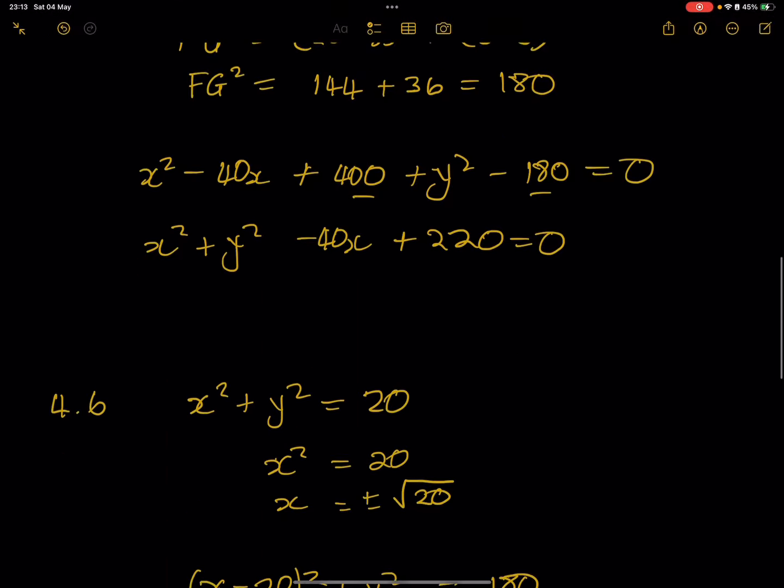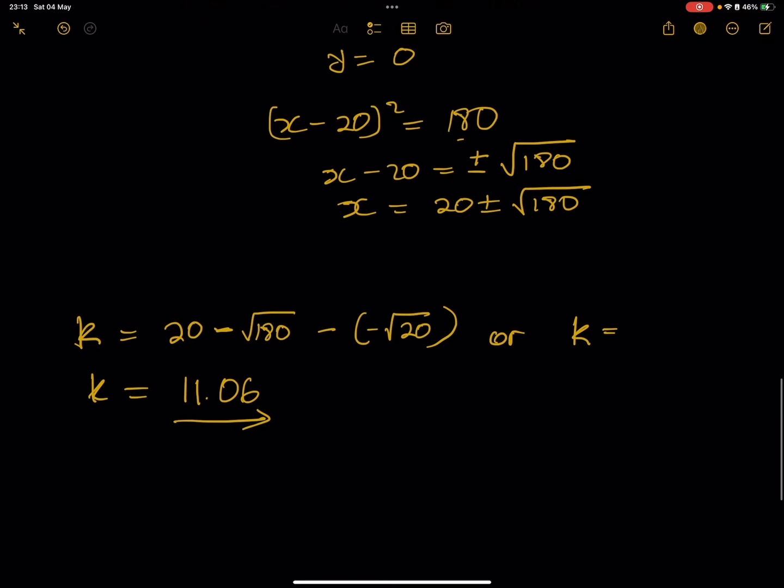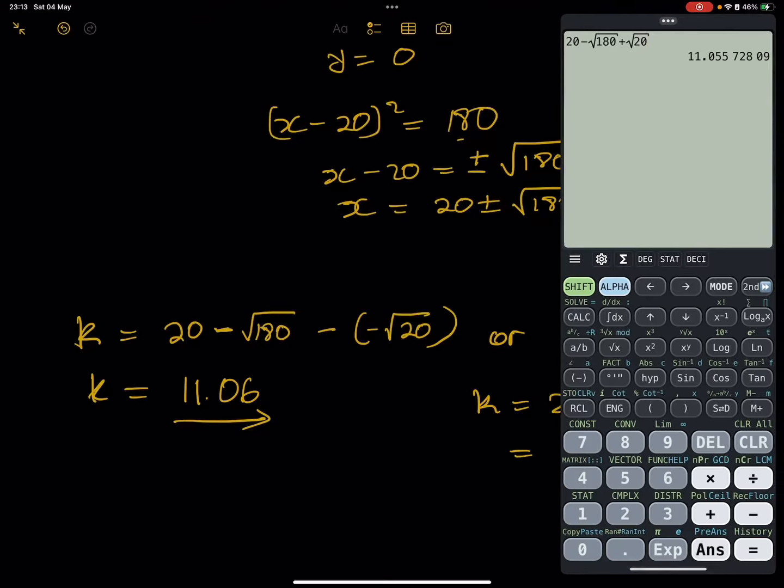So the other value for k would be equal to, can I just write it underneath here? So k would be equal to 20 plus the root of 180 minus square root of 20. All right, so let's find out.